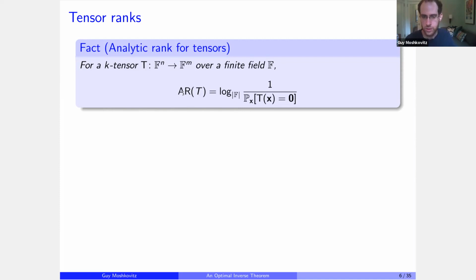So if you carefully do it, you can see that the analytic rank of a tensor is exactly the normalized number of zeros of T when T is viewed as a polynomial map. This is just: if you take a uniformly random input and you apply T on it, what are the odds that you're going to get the zero vector?